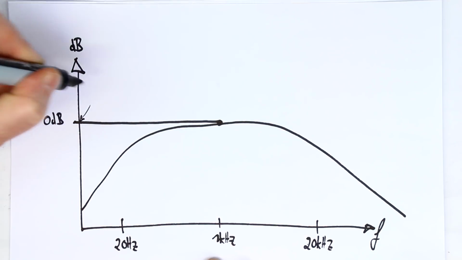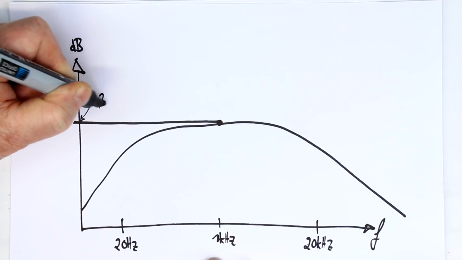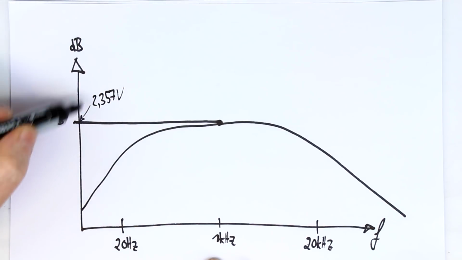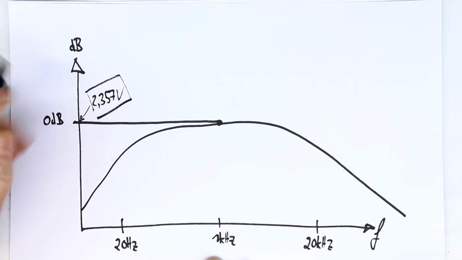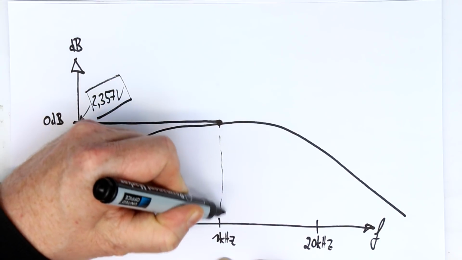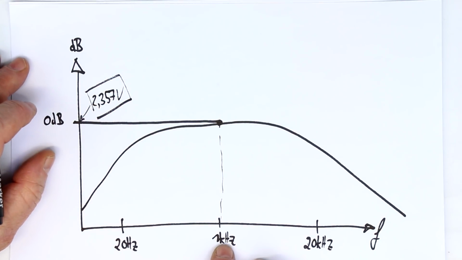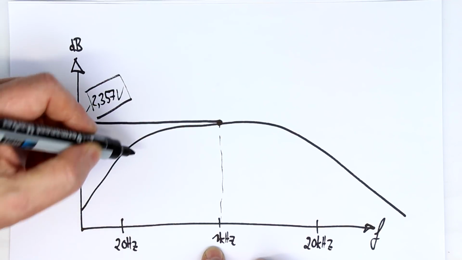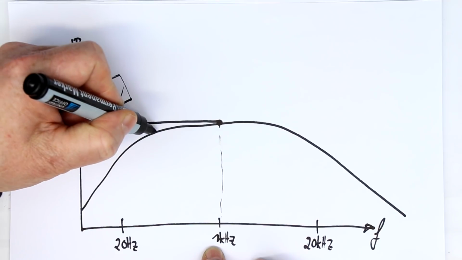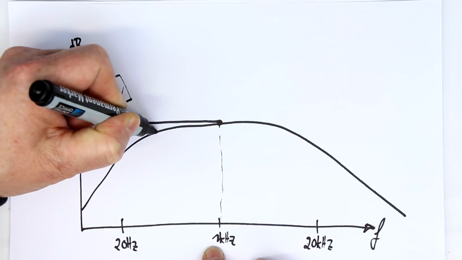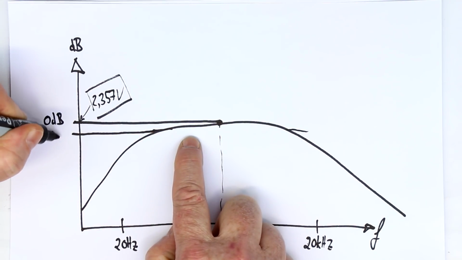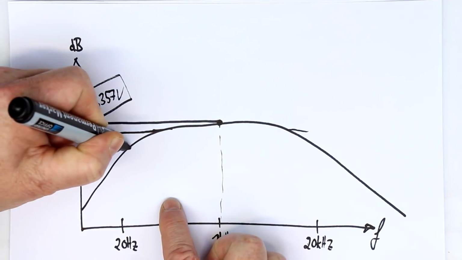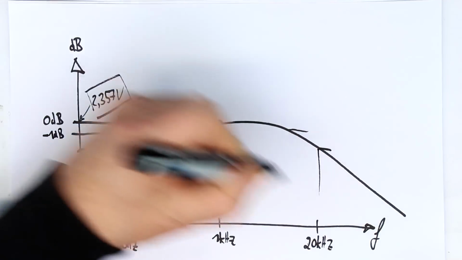So you might measure here, let's say, a voltage of 2.357 volts, but the absolute value doesn't matter. You just simply reference all other values to this value that you choose at your reference point, which is also arbitrarily chosen, but usually in audio it's 1 kilohertz. And now the frequency response is either defined as the limits where the deviation from your reference is either minus 1 dB or where it's minus 3 dB, which would be here.